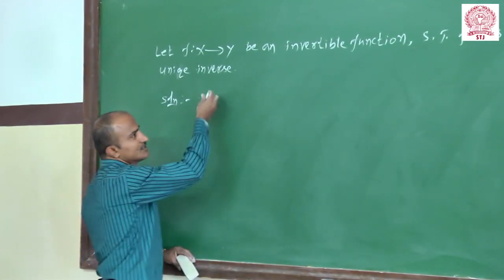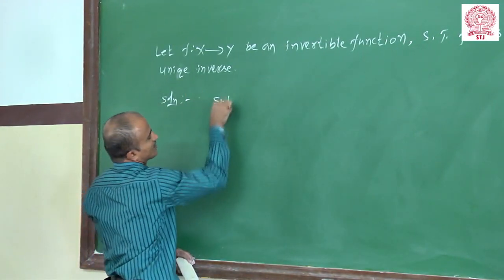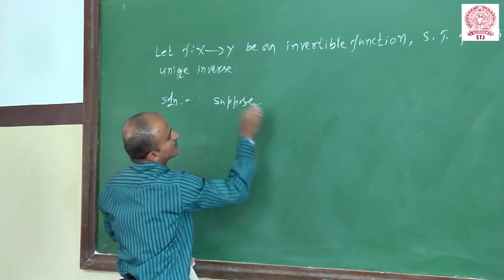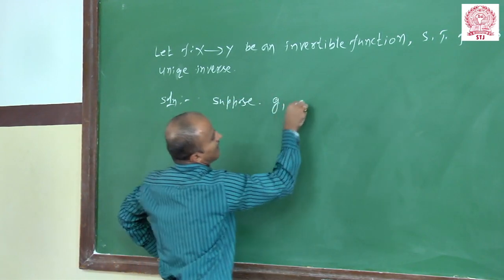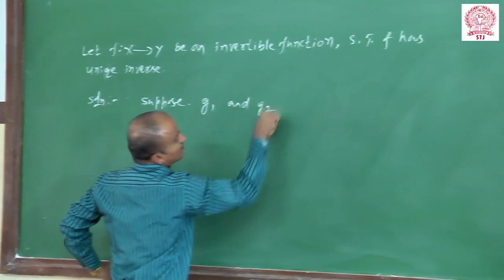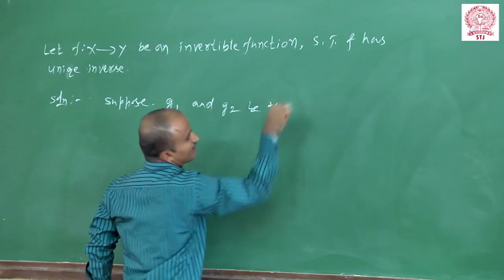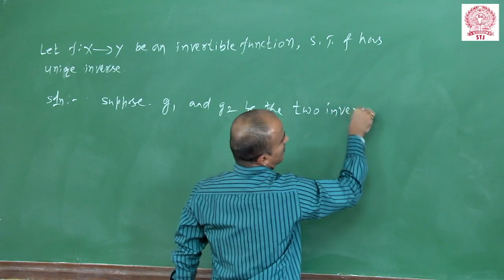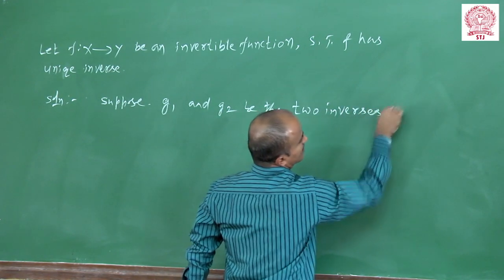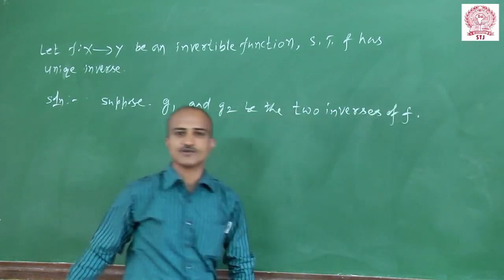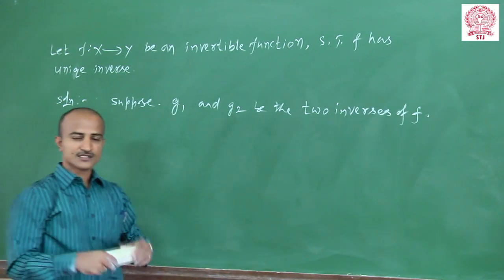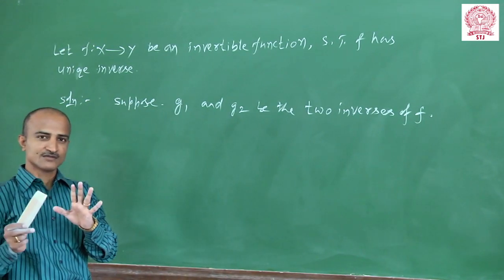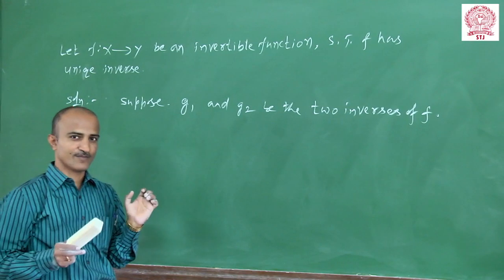For that, we will choose, suppose G1 and G2 be the two inverses of F. They have already given that F is invertible.